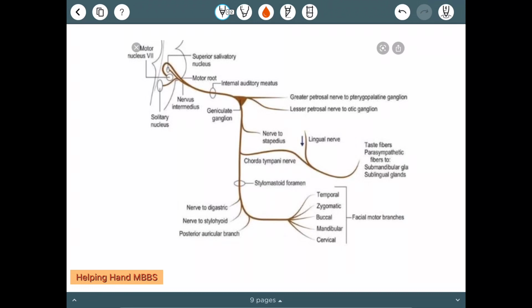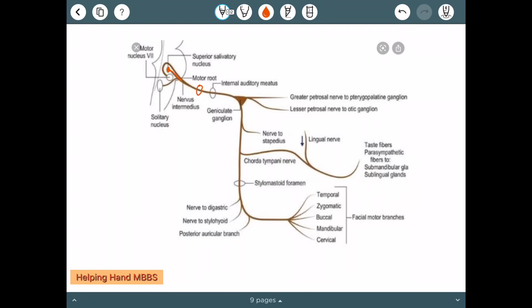You can see that this is a schematic diagram of how facial nerve passes through various foramens and what are its branches. So let us study. You can see that this is the whole facial nerve and it comprises 3 branches from different regions of pons. This is the superior salivatory nucleus and it is giving one branch which is entering the facial nerve.